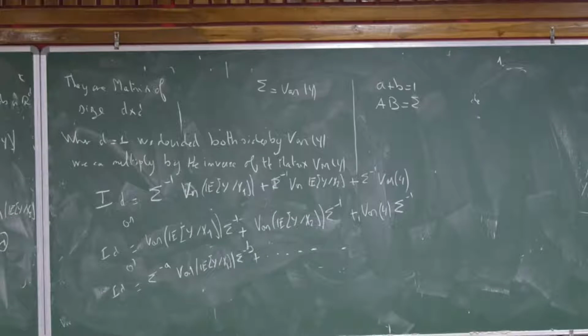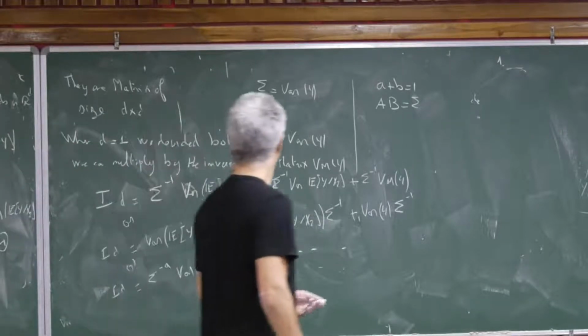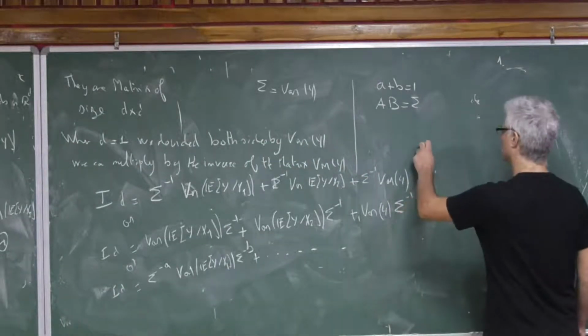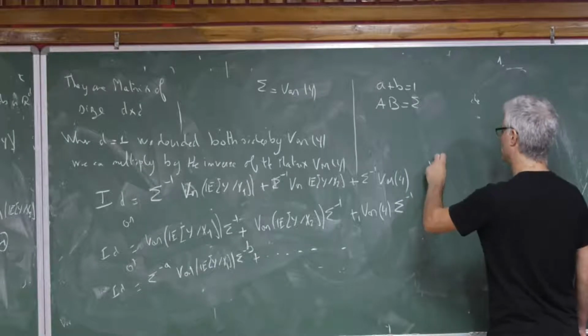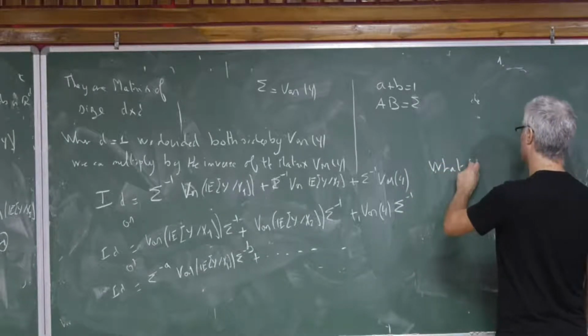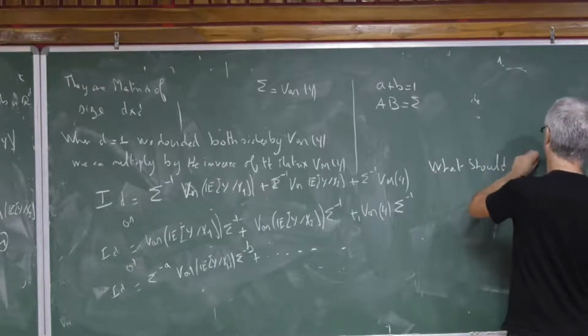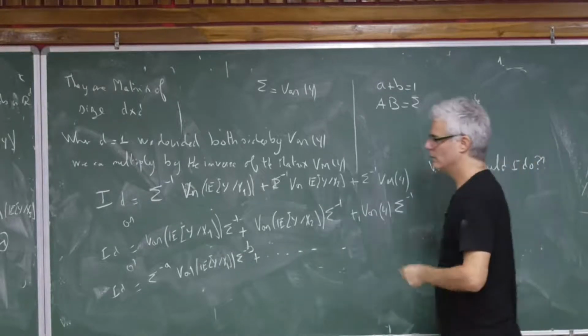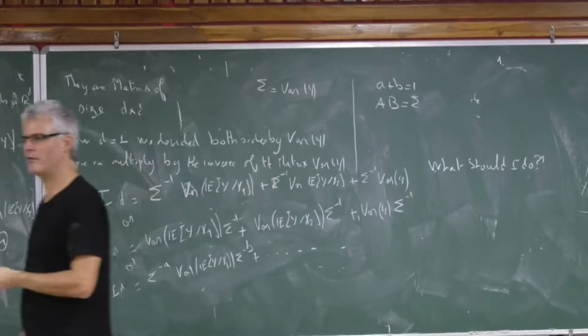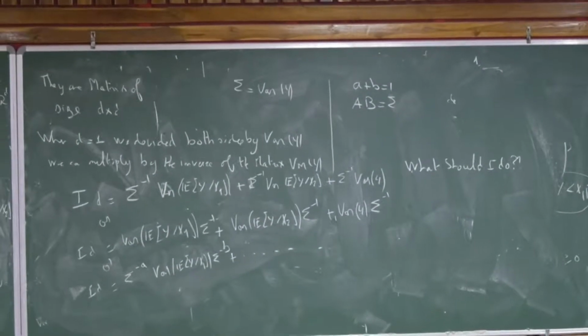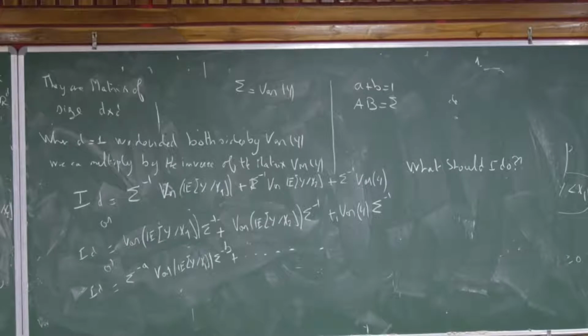So here obviously I have a problem, because you have an infinity of ways of choosing the decomposition here, or multiplying to get the identity on the left-hand side. Okay. So what should I do?